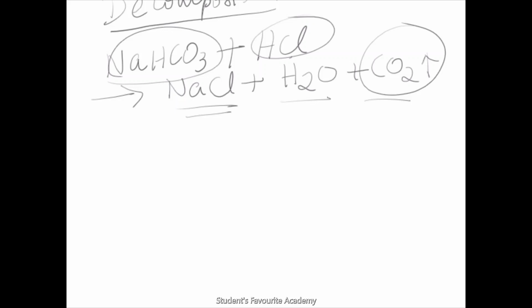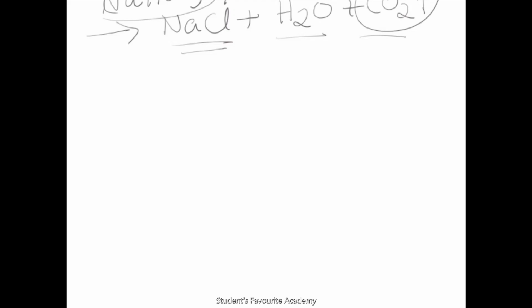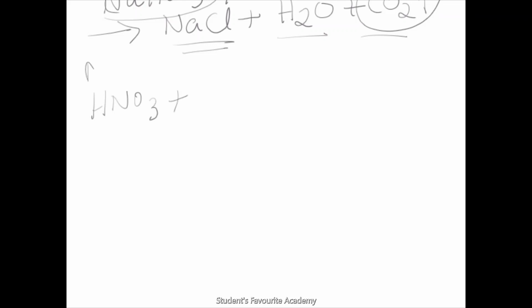Then neutralization reaction. This also you have learned in the properties of acids. When an acid and a base react, they form salt and water. This type of reaction is called neutralization.